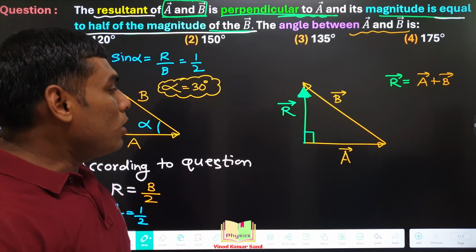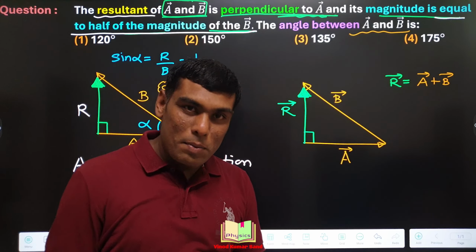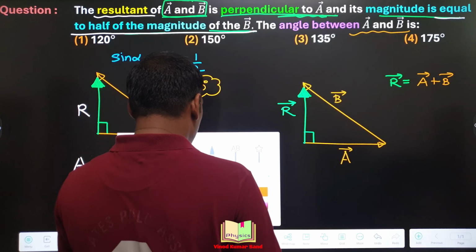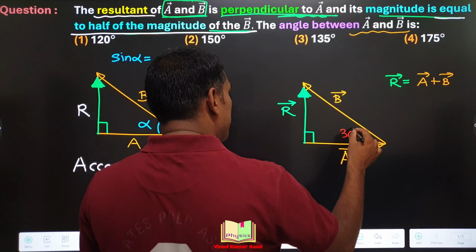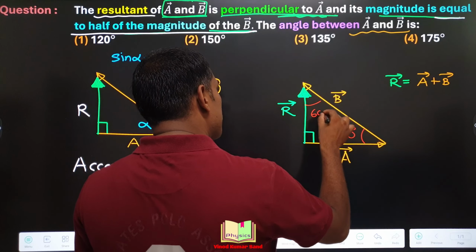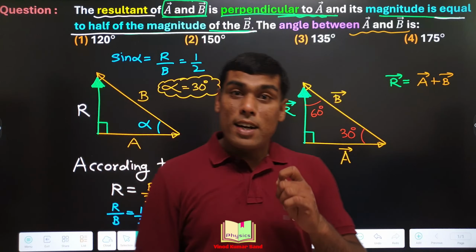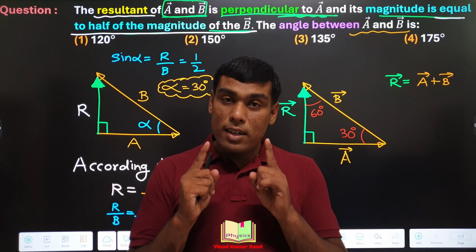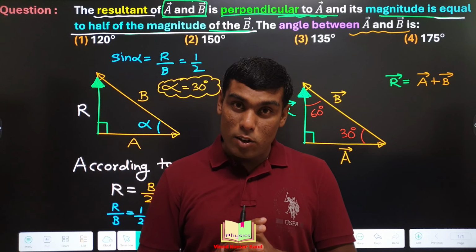Done. Now the question was asking us the angle between A vector and B vector. We know these angles in the triangle. This angle is 30 degree, this angle is 60 degree. To obtain the angle between A vector and B vector, either their tails must meet at a common point or their heads must meet at a common point.